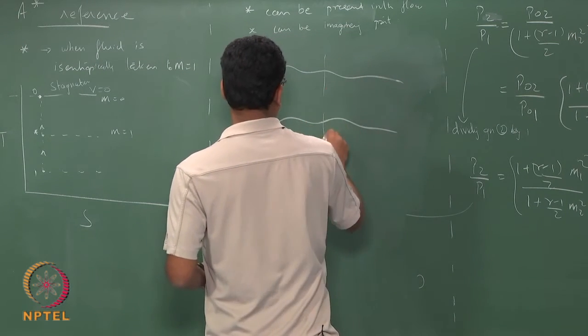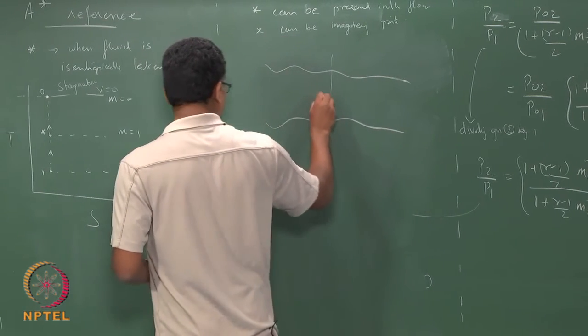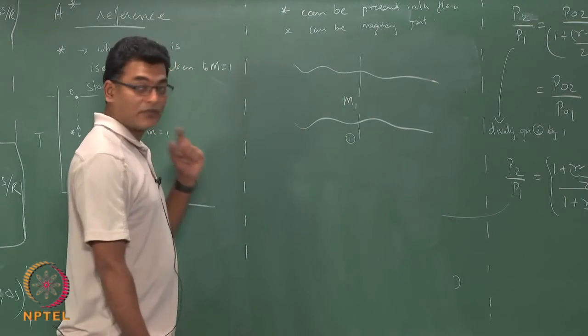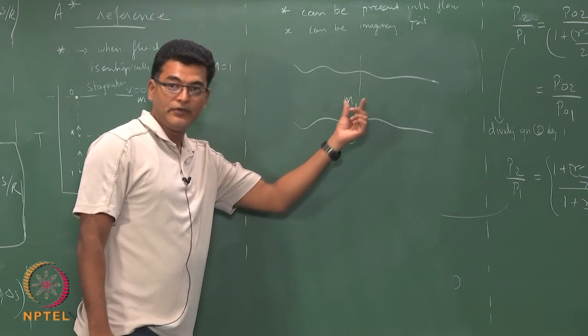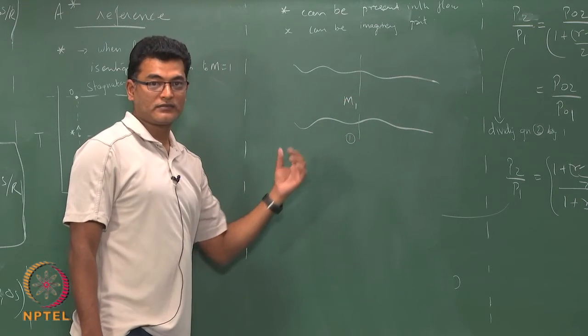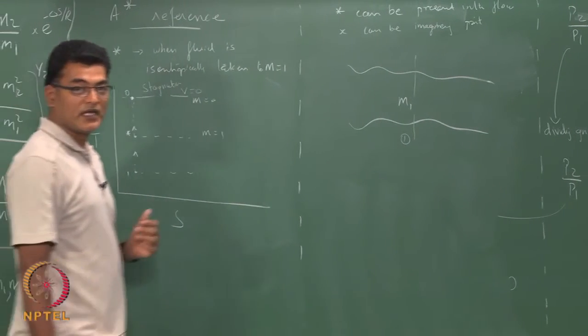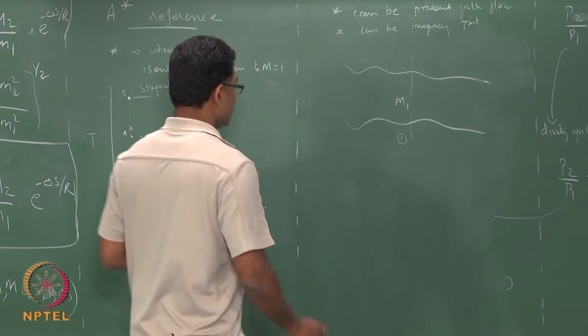So, this is 1. So, there is a Mach number associated with station 1, this is a 1D flow. Now, I take this fluid to an imaginary value where M equals 1 and that value is your star condition and that area is your A star. Okay.